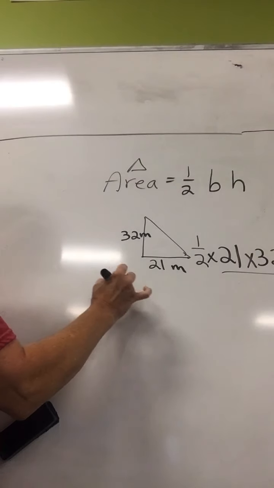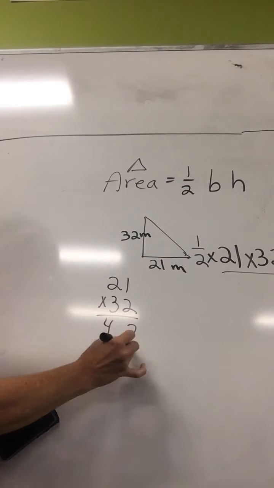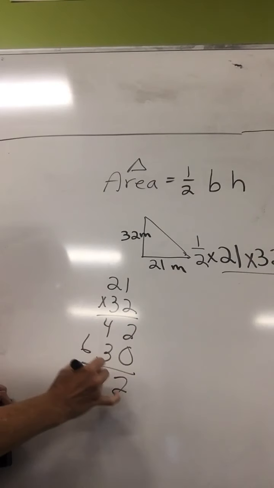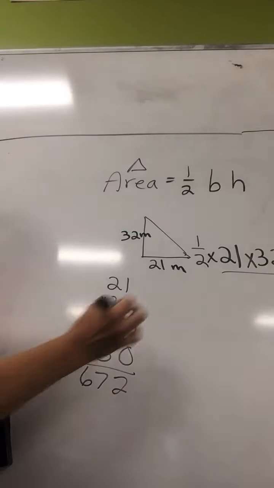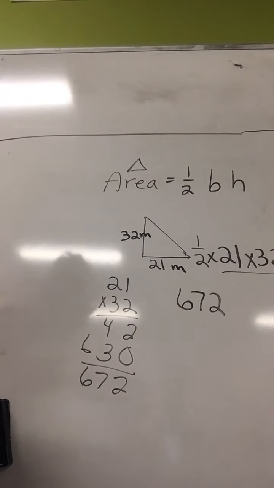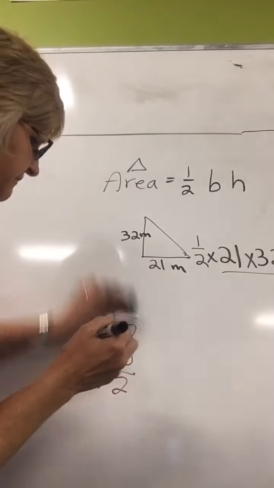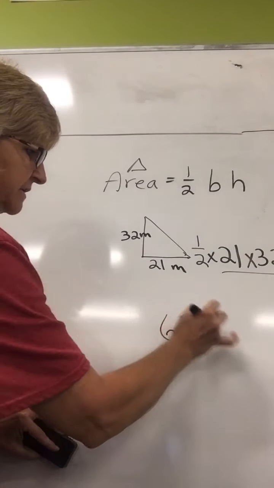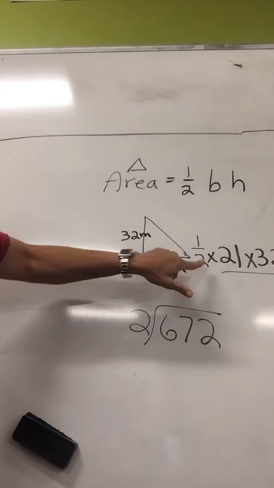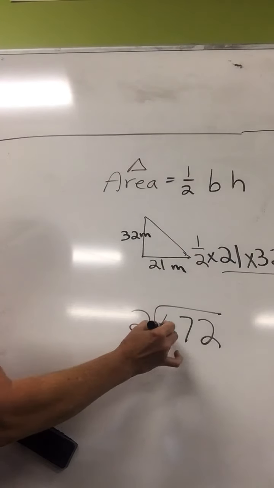If we don't know what that is, work it out. 2, 4, 0 placeholder, 3, 6, 672. But then I have to take 1/2 of that. So I'm going to put it down a little further. 672 divided by 2. Now remember, you only do the half with the triangle. You don't do that with the parallelogram.